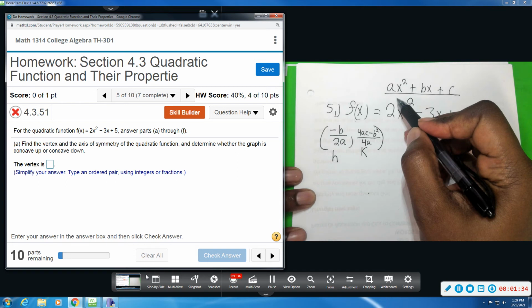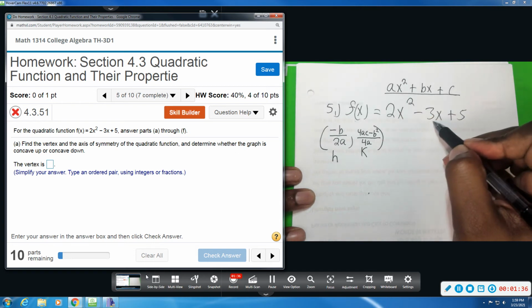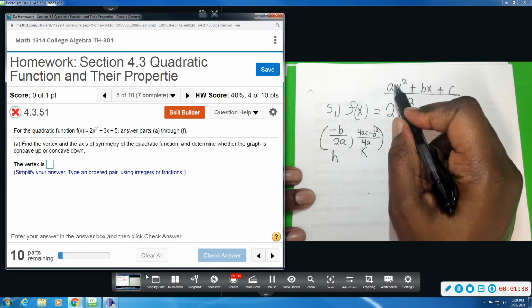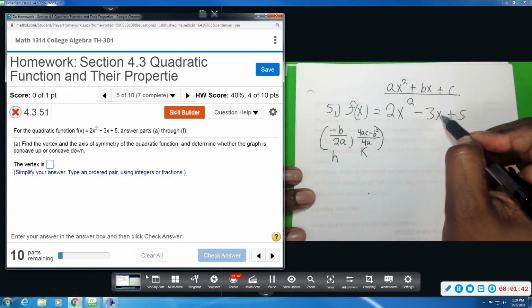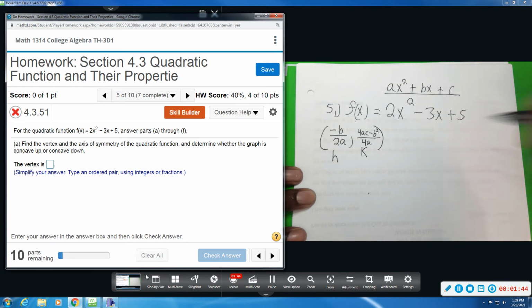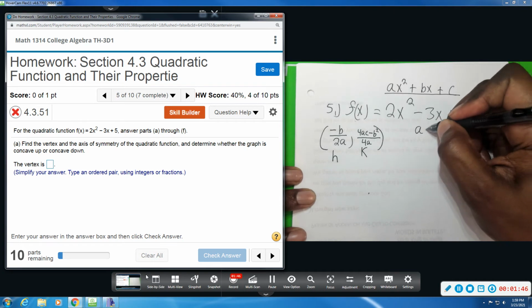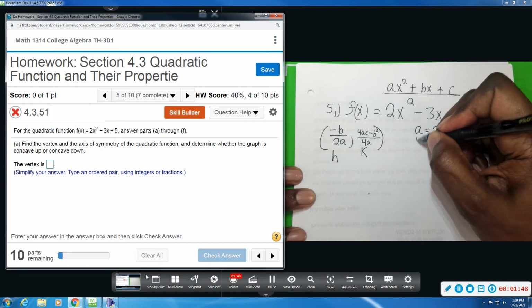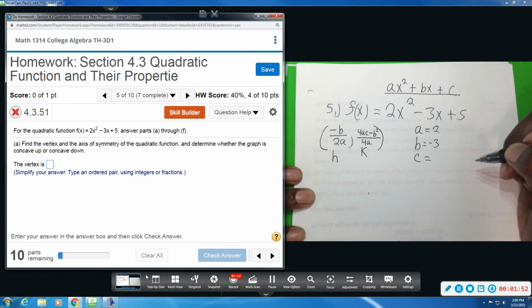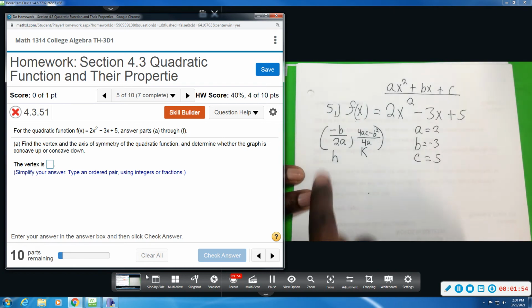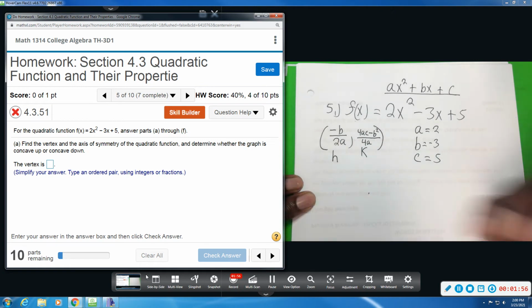All right, so you have to be able to identify a, b, and c. A is in front of x squared, b is in front of the single variable x, and c is the constant. So let me identify that: a equals 2, b equals negative 3, and c equals 5. All right, so we're going to evaluate and find both of these.